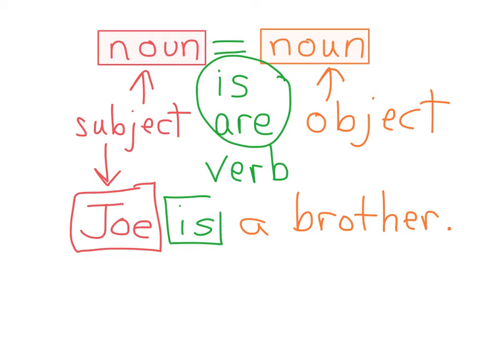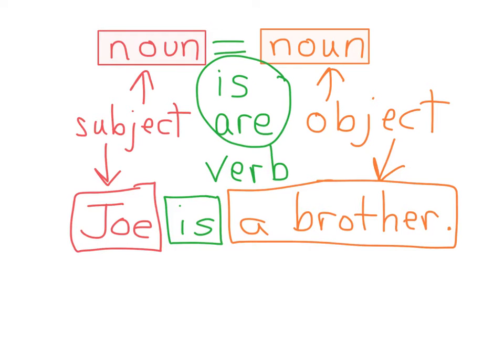Is is the verb, and a brother is a noun. It comes after the verb, and it is an object in the sentence. And we talked about how brother is just one person, so we need to put a in front of it.